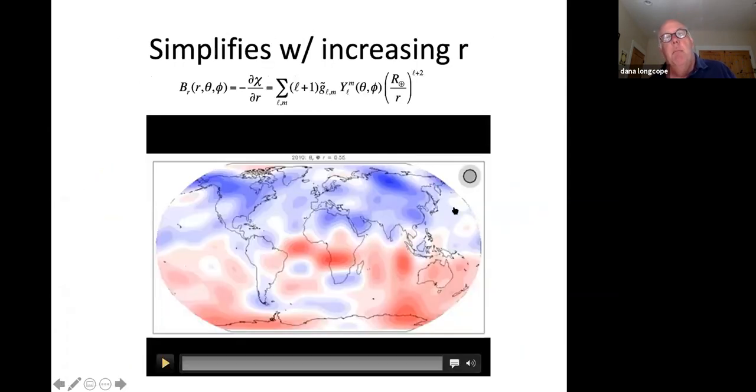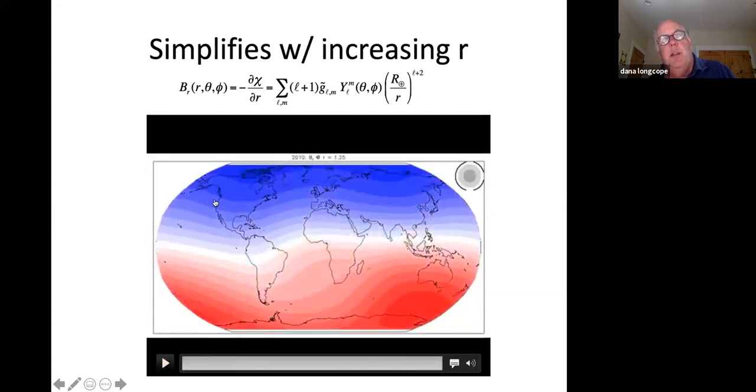If I move that circle outward, here's a sweep, and we're going to start at 0.55 Earth radii, down at the bottom of the mantle where the magnetic field is being generated, and I sweep it outward, you'll see it becomes more like the magnetic field you're used to. You see only red in the southern hemisphere and only blue in the northern hemisphere.